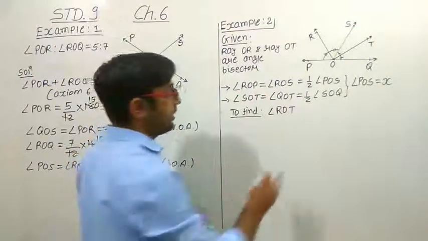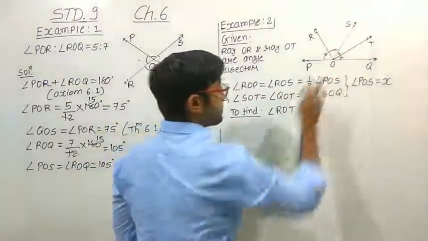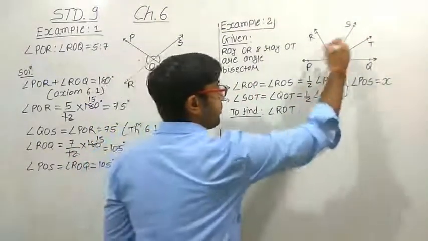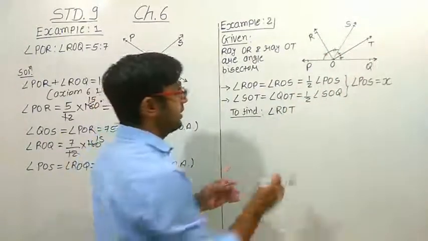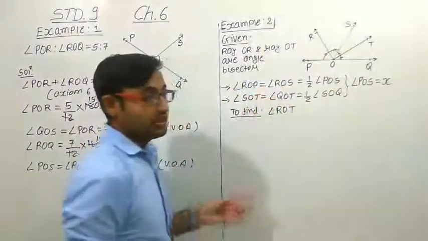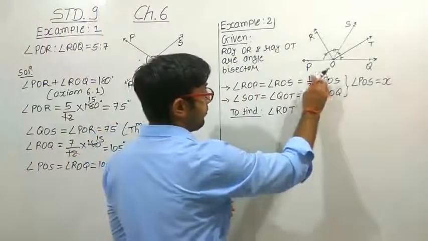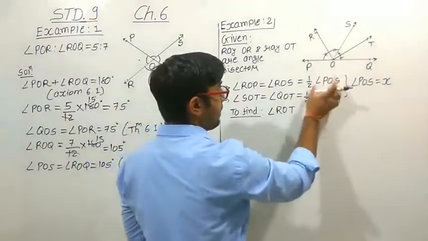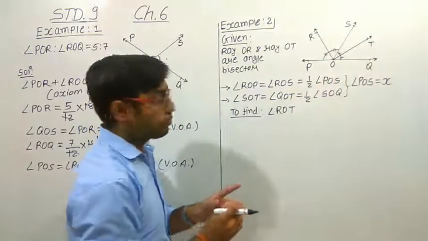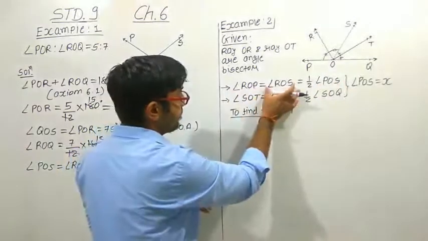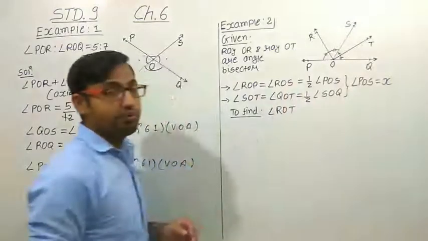And how much will that be? 1/2 of angle POS. Because if total POS is 120, then ROP and ROS will both be 60 degrees, half of POS. So ROP equals ROS equals 1/2 of POS.